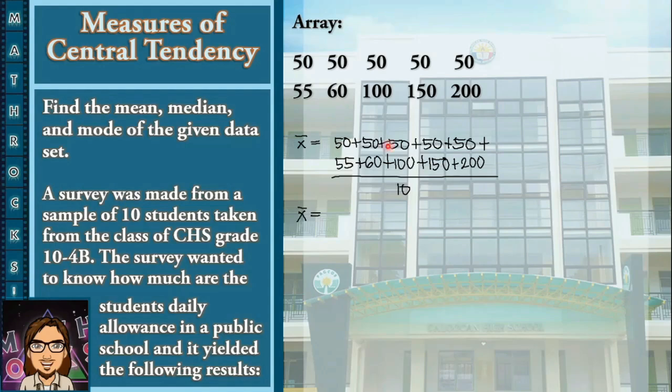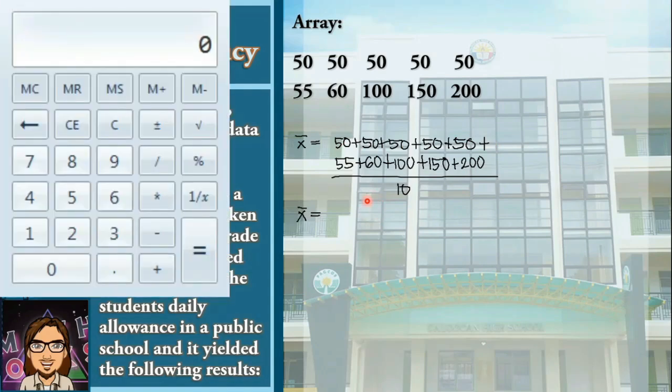And with that, let us try to look for the sum of all of these values. So we have this be equal to 250. So let us use a calculator to speed up the process. So we have five 50s, and we have a total of 250 for that. Then adding 55, 60, 100, 150, and 200.